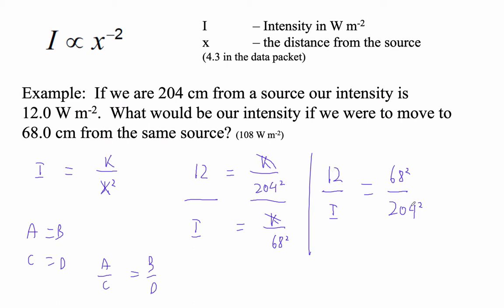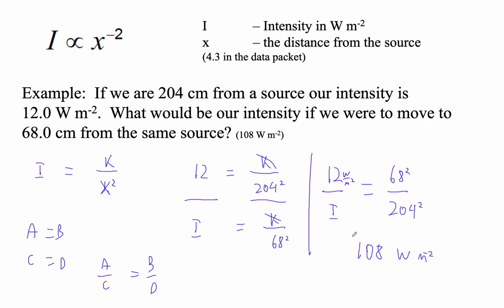So I'm going to go this times this and then divide by this. So 12 times 204 squared divided by 68 squared, and I get 108. And that's watts per square meter, because this was, of course, watts per square meter.